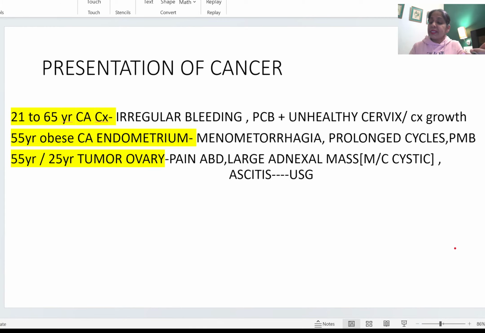Cancer cervix is nothing but a growth of the cervix, isn't it? So when that growth rubs out of friction, there will be bleeding. Agree or not? So the patient will come with complaints of irregular bleeding.